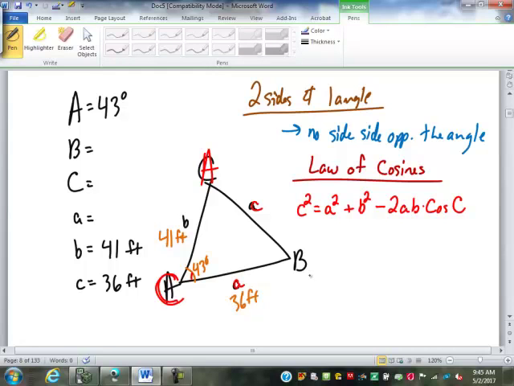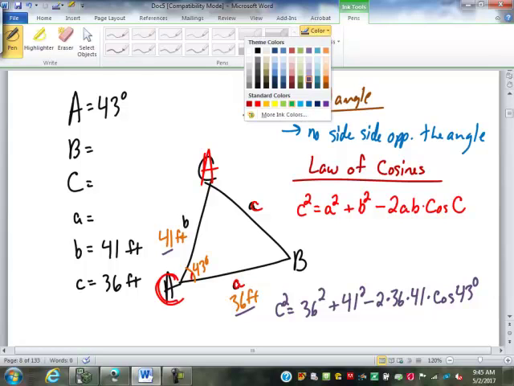So to solve for C here, I'm going to move down here. C squared, I should say, equals, what's side A? 36, right? So 36 squared plus what's side B? 41, so 41 squared, minus 2 times 36 times 41 times cosine of 43 degrees.